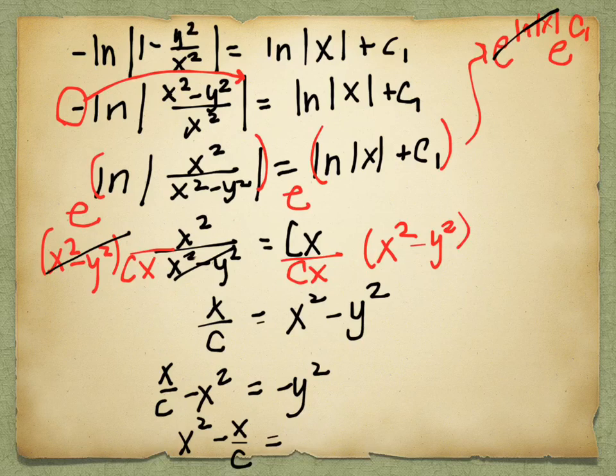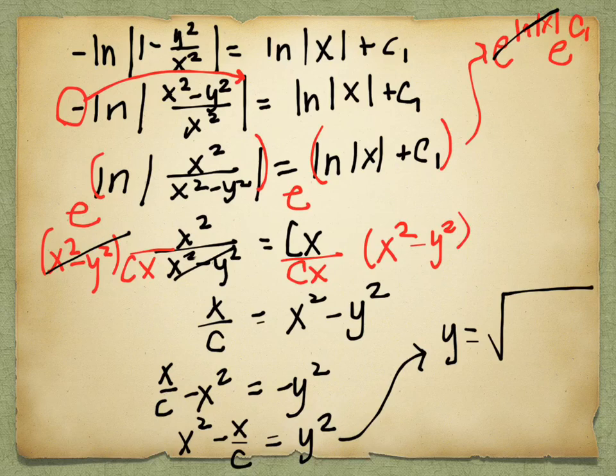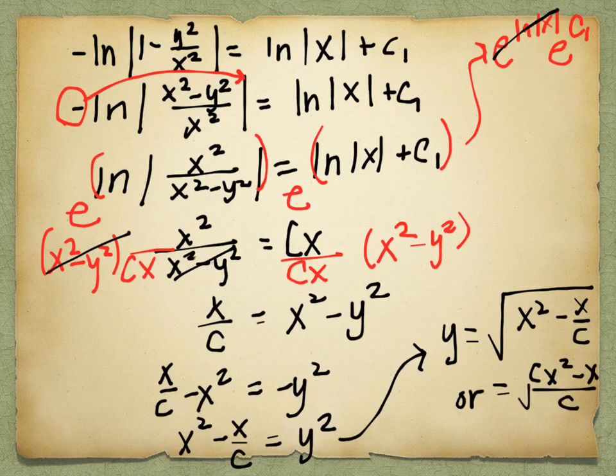And the right side will just be y squared. Last but not least, what do we do? Right, so this is y equals the square root of x squared minus x over c. Or you potentially could see this written, of course, as something like cx squared minus x over c. Something of that variety.